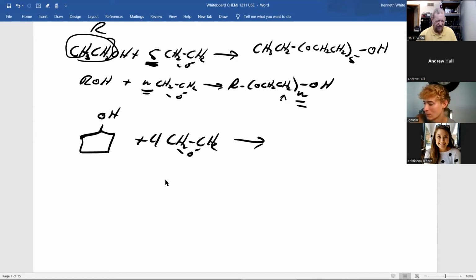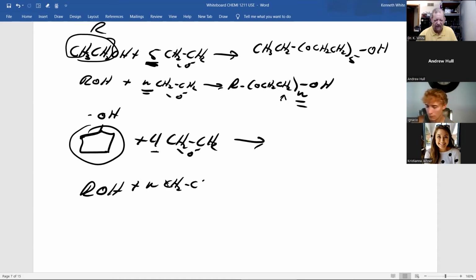All right, let's do this. What do we have here that's different? An alcohol. What's the R group? A ring. Ooh, that's unusual. I have a number there, N moles of ethylene oxide. And what do we get?